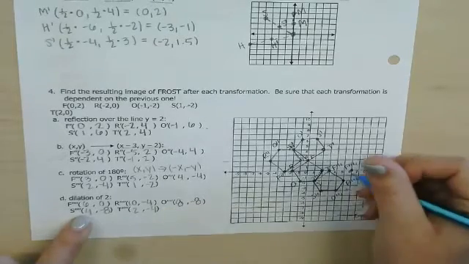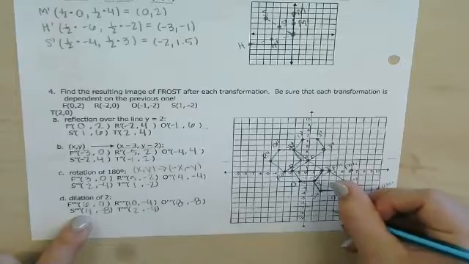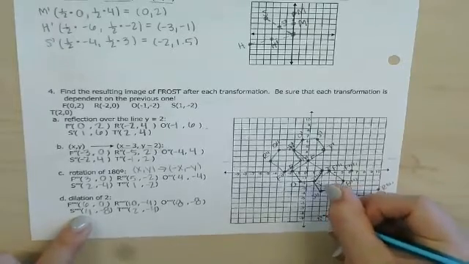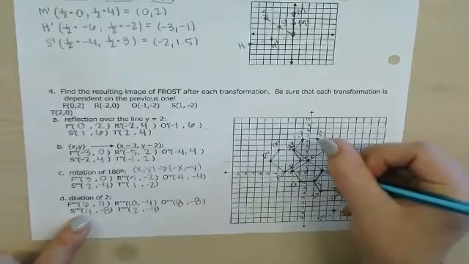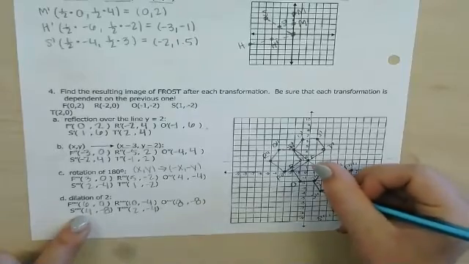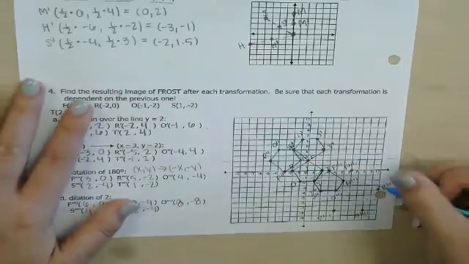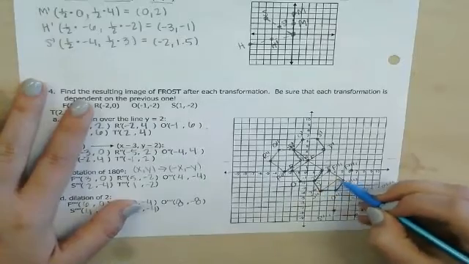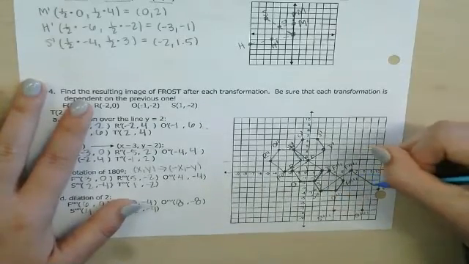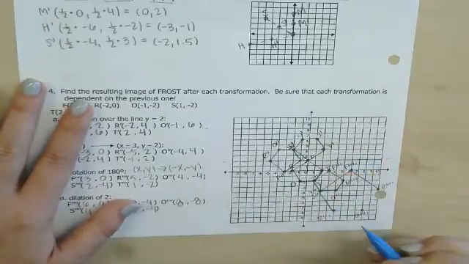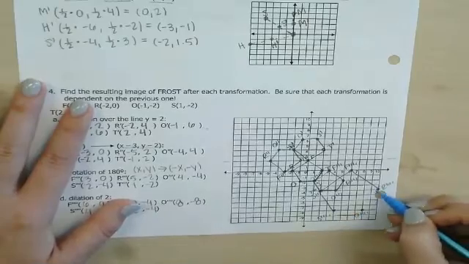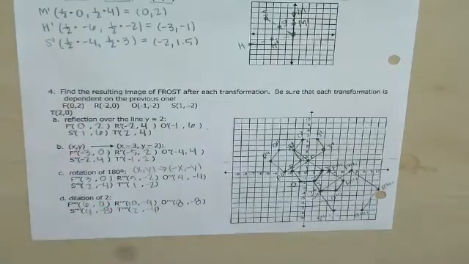At 4, negative 8 is our S quadruple prime. And at 2, negative 4 is our T quadruple prime. So when I connect those points, there we go.